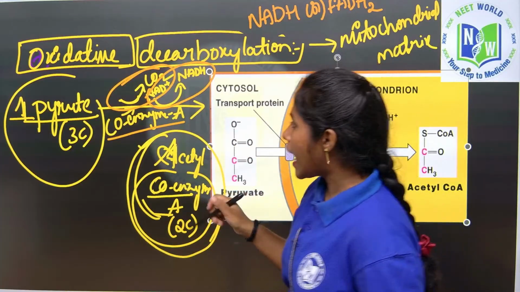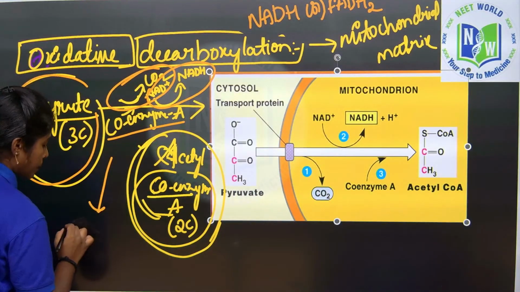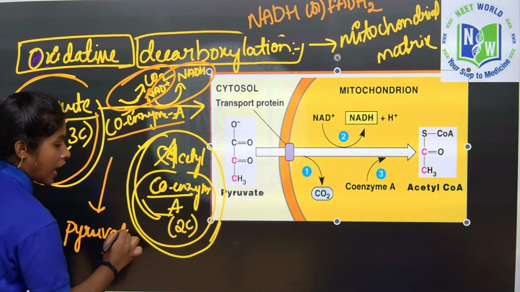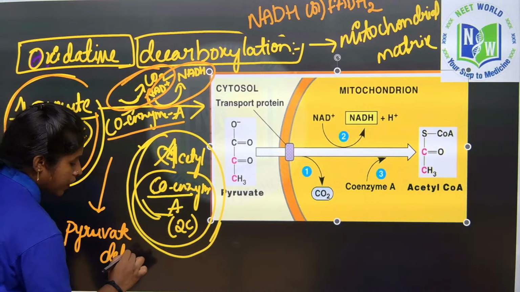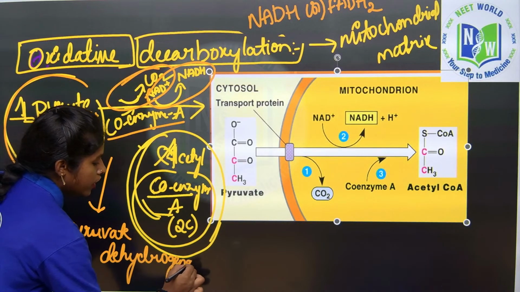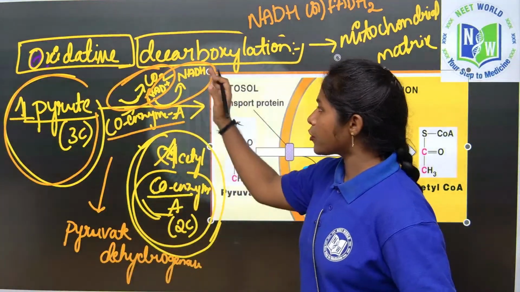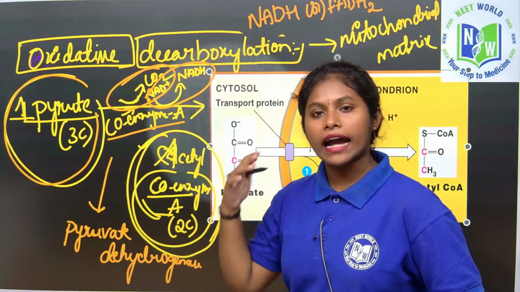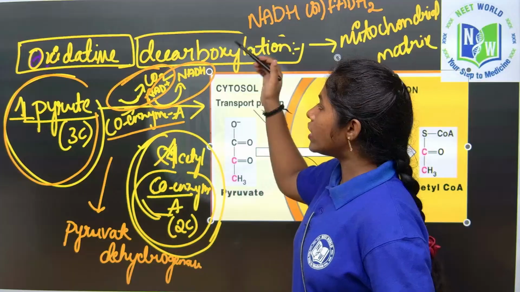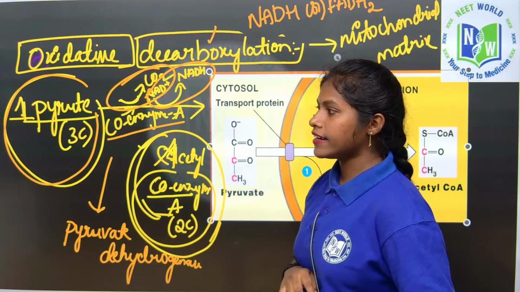As it is acting on pyruvate, this enzyme is called pyruvate dehydrogenase. Got it? Whenever the dehydrogenase enzyme comes, there is a production of reducing equivalents, either FADH₂ or NADH. So why do we call this oxidative decarboxylation? Because of the elimination of carbon dioxide, right?